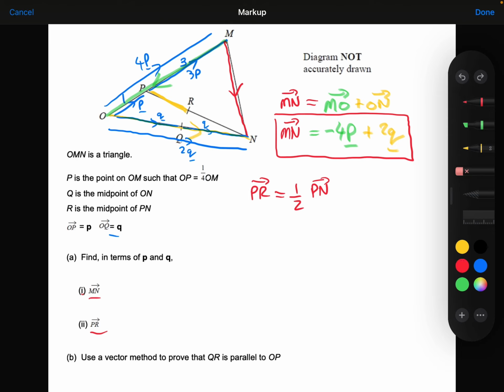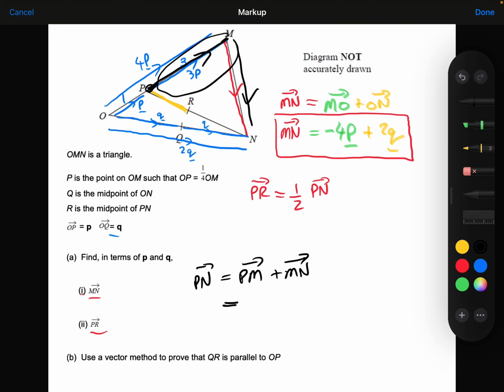Let me just clear up this diagram a little bit. So P to N. P to N, I could do P to M plus M to N, that would work. The P to M is 3P.